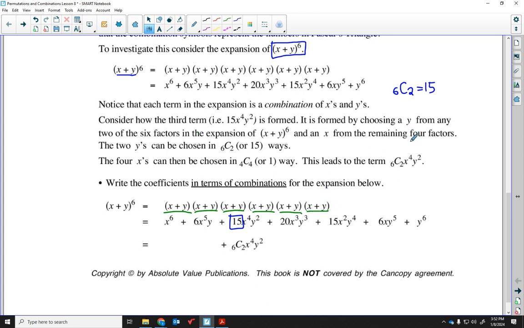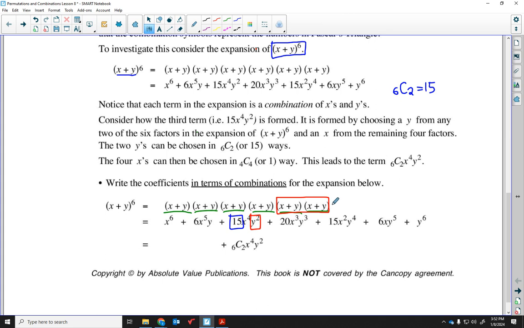Now, what we're going to look at is how do you form specifically the y squared portion of this term? Okay, so y squared right here. To get y squared, you would just need to multiply 2 of these binomials together. x plus y times x plus y would give you a term that would have y squared in it.